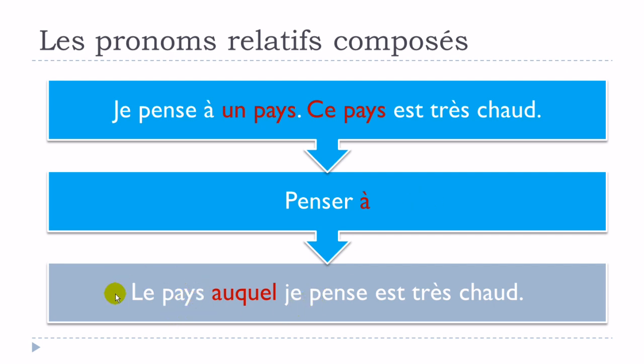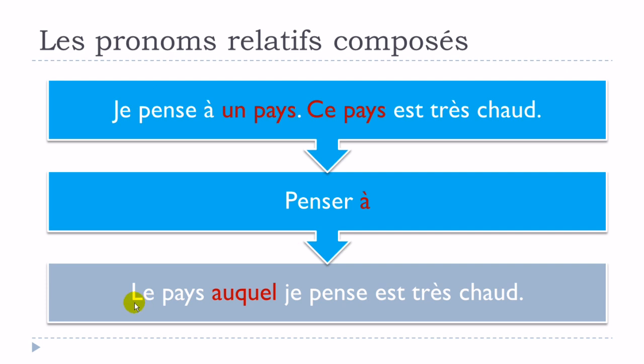So we first place le pays, then remember à combined with lequel becomes auquel. You put auquel here, then as previously you continue your sentence: you put back your je pense, and finally you put this part to end, est très chaud.